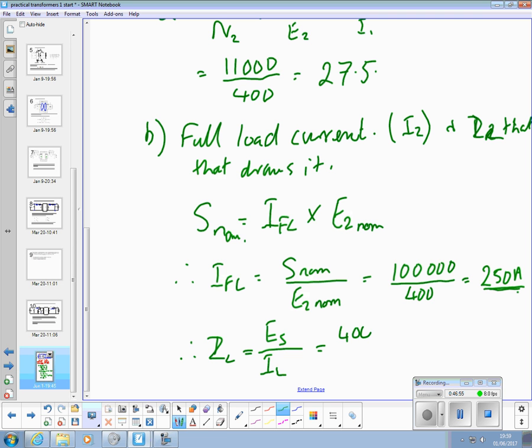That's 400 over 250. 1.6 ohms. Oh, yeah, 1.6 ohms.